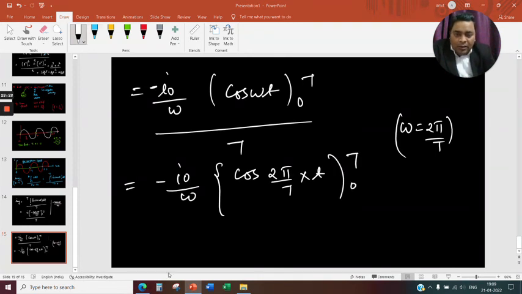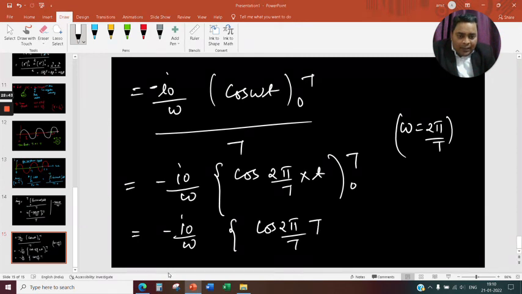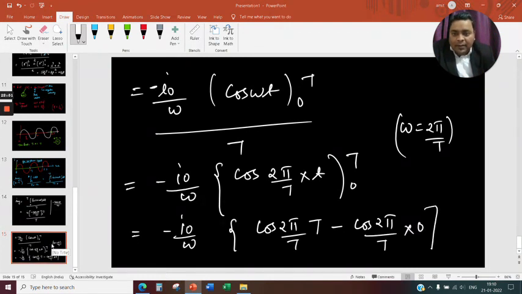Now next I am just going to put the limit. It will be equal to minus I naught by omega, and inside the bracket cos 2 pi by T, in this t we need to put the upper limit, that is capital T, minus the lower limit cos 2 pi by T multiplied by 0. So what we are getting here, T and T get cancelled, so cos 2 pi, what is cos 2 pi?